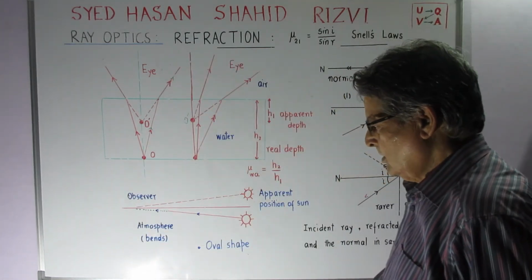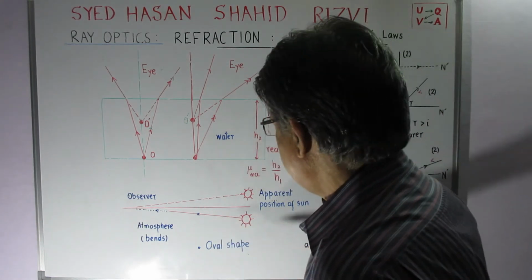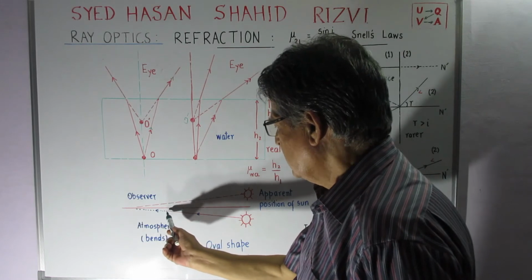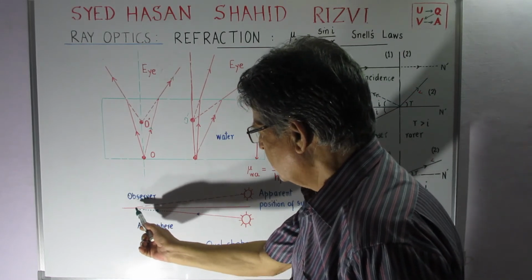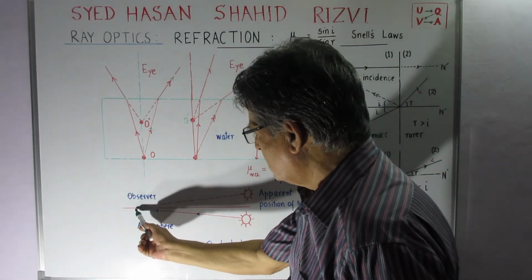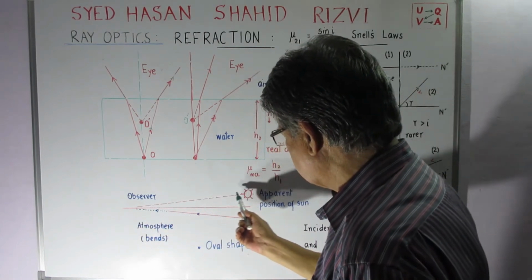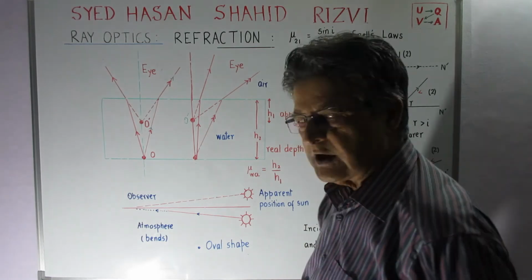Okay, so when the sun rays enter into the atmosphere, then they bend in such a way that the curvature is such to our eyes that if we look at the direction, then the sun appears to be over here.